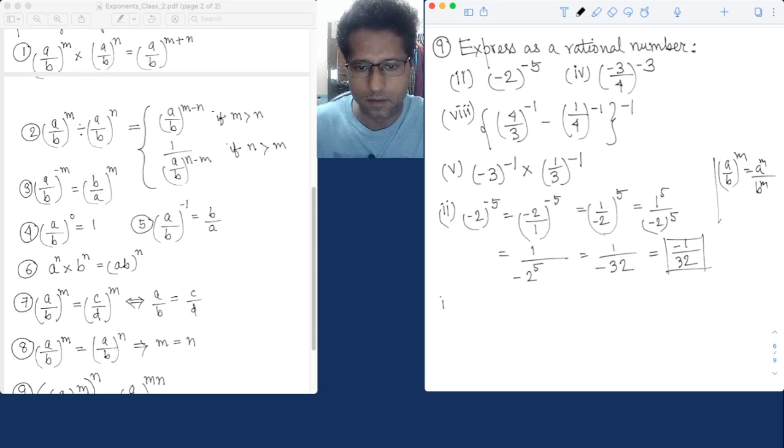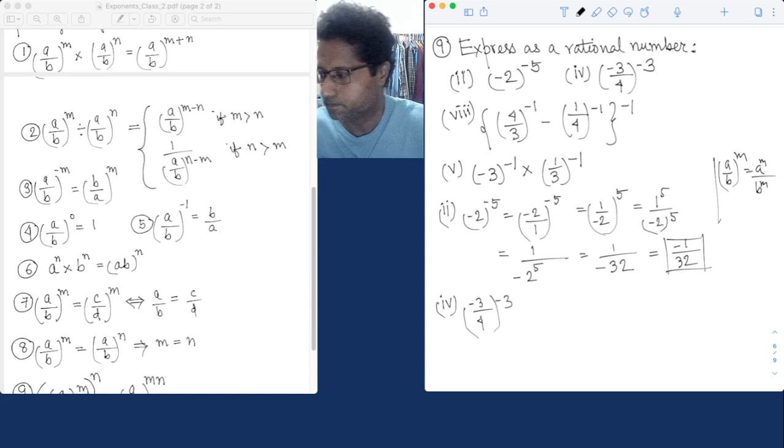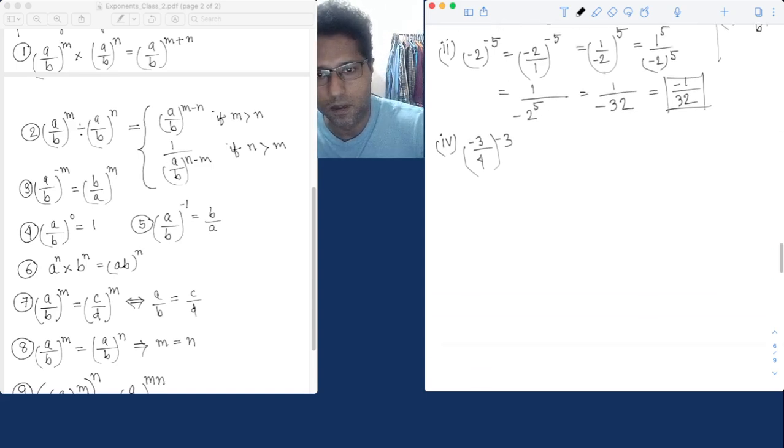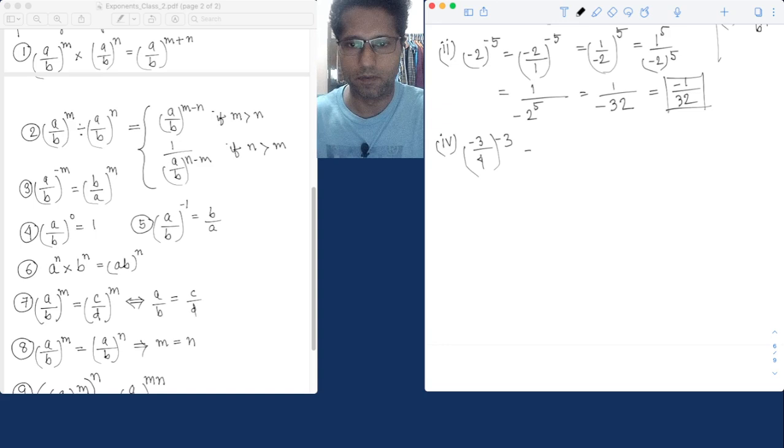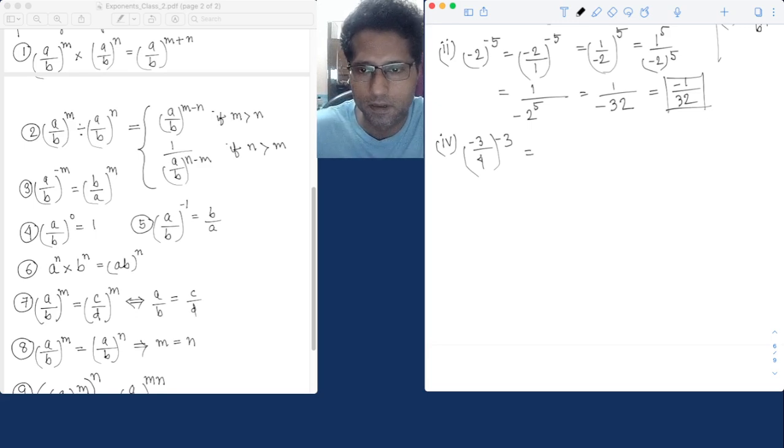Okay. So part 4 says minus 3 by 4 raised to the power minus 3. We know that a rational number a by b, when raised to the power some negative integer, will be the reciprocal of the rational number, that is 4 by minus 3 raised to the power of the numerical value of the power, that is 3.